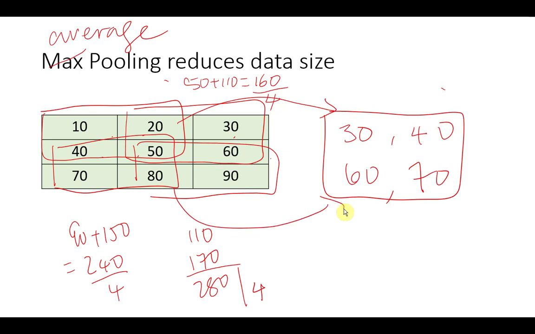So this process of data set reduction is called average pooling, which uses this moving window, right? So doing one window at a time and figuring out the average of that window. And again, we went from 9 pixels to 4 pixels. We have reduced the data size by more than half, right?